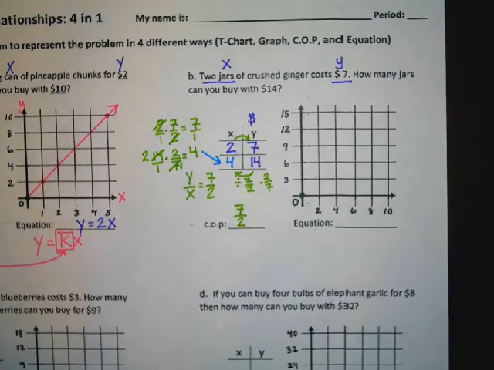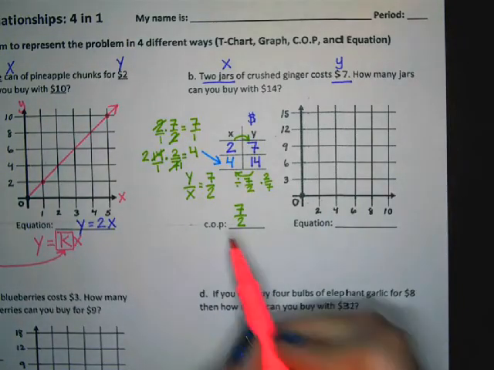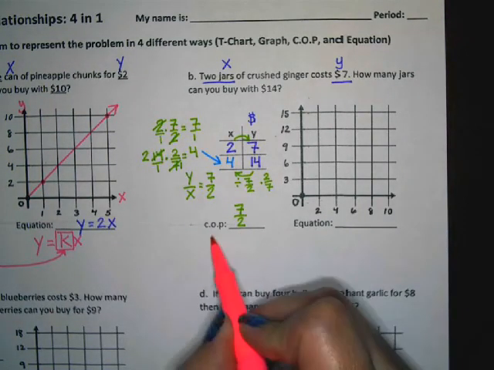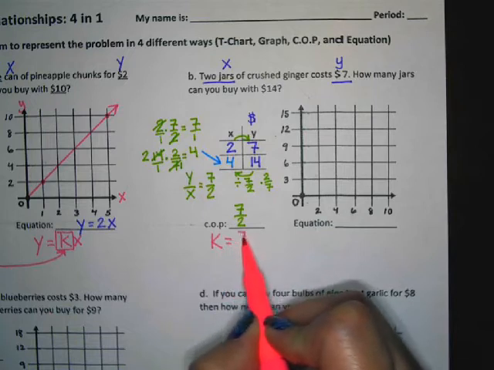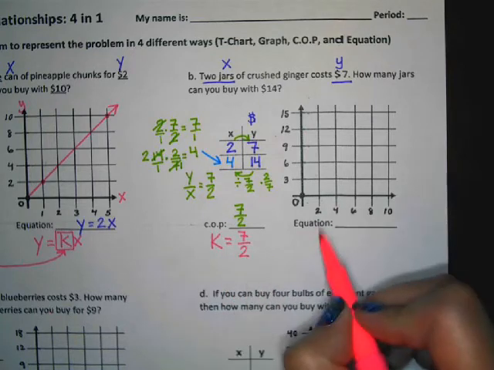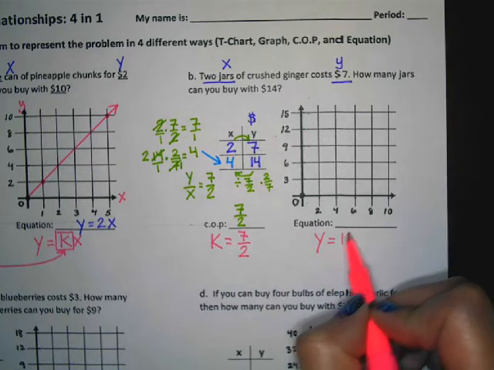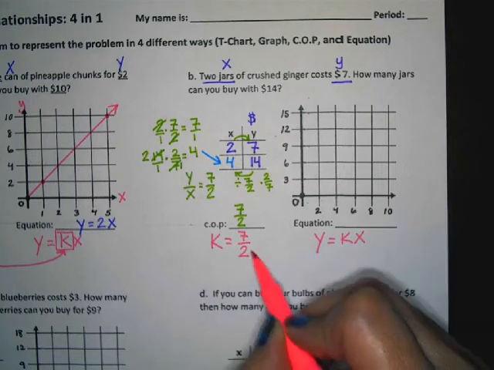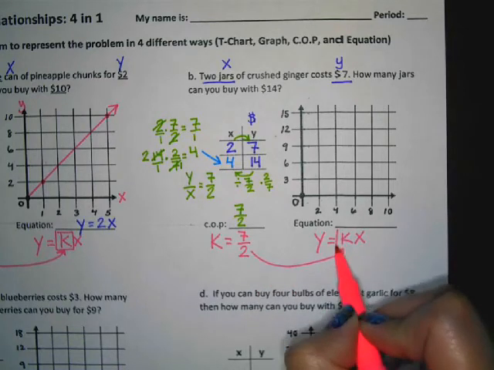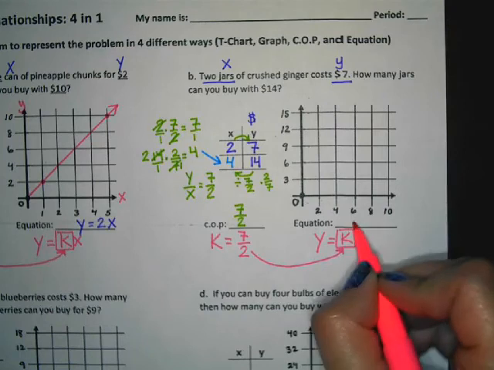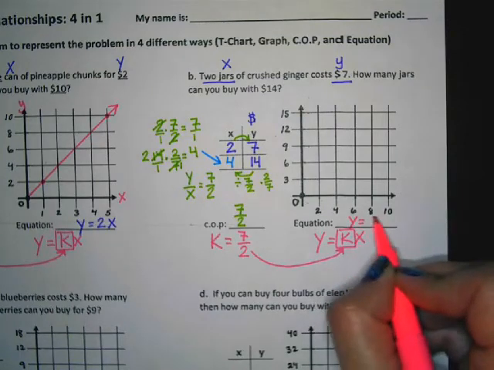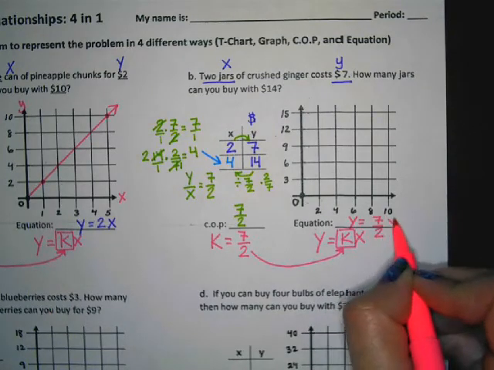Okay, now we know our COP, so we can actually write our equation from there. So our COP is 7 over 2. Remember, this is our K value. Same thing. So if my equation is y equals Kx, 7 over 2 goes right where my K is. And my equation is y equals 7 over 2x.